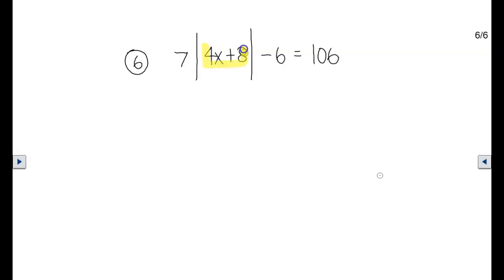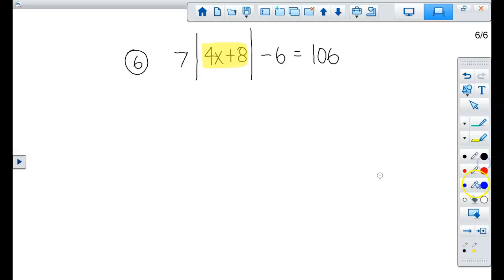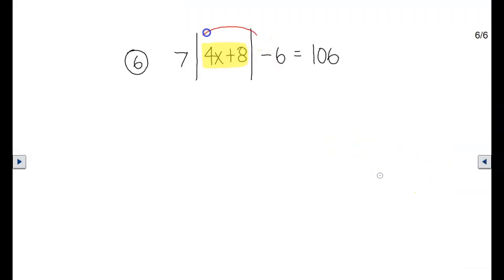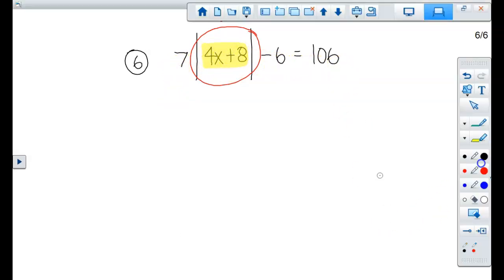Well, the answer is you're taking the absolute value of 4x plus 8. So this part of the problem is your distance. And this problem is telling you that when you do 7 times the distance and subtract 6, then you get 106. I need to get the distance by itself.